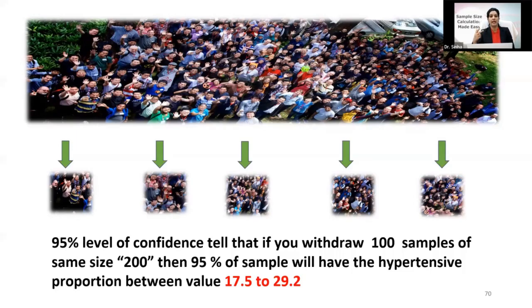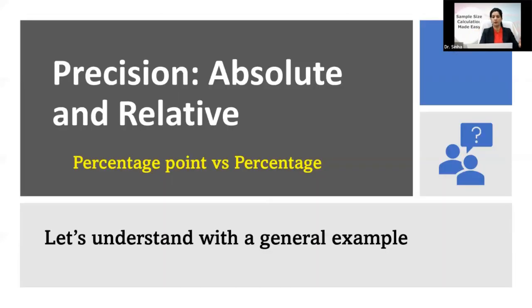So you can be 95% confident that your population value will be within this range from 17.5 to 29.2. So this was the concept of confidence level.